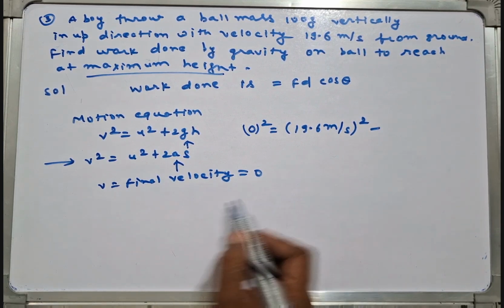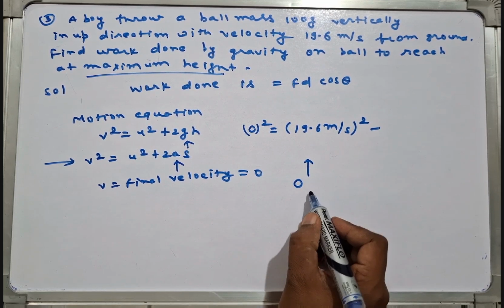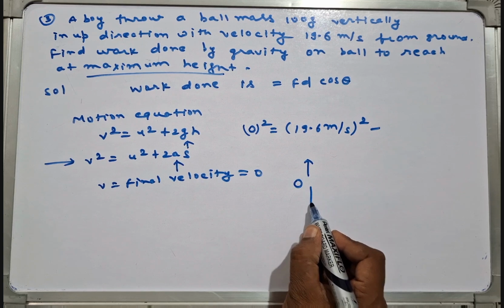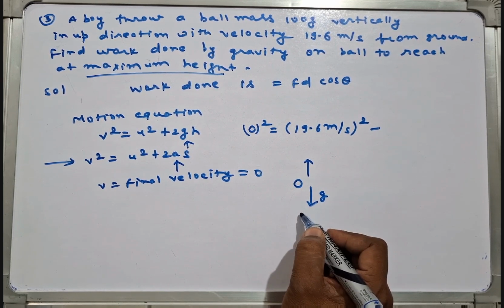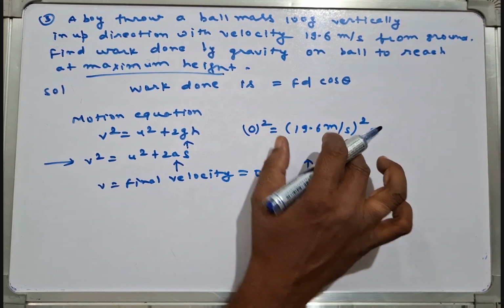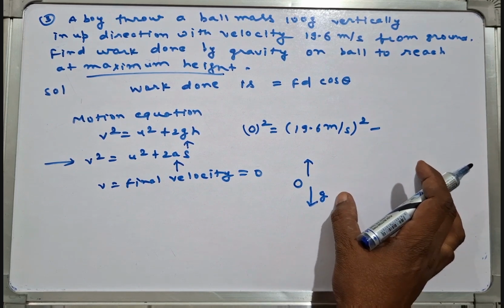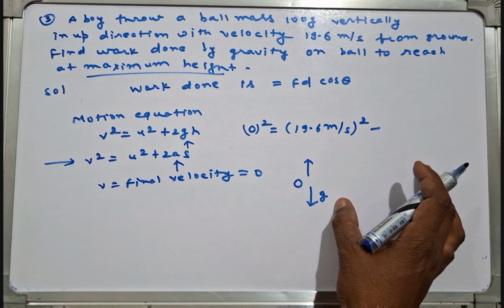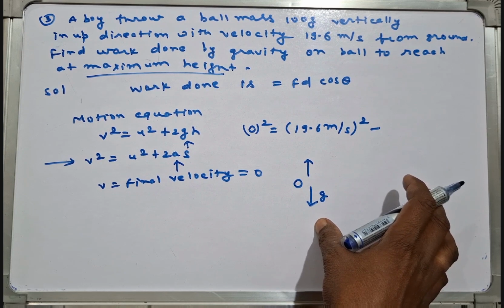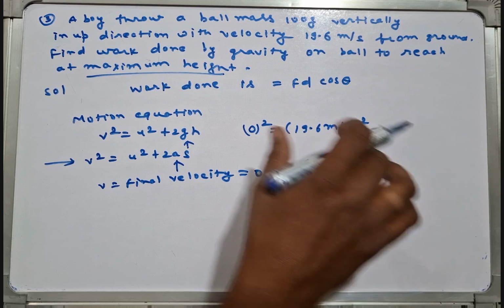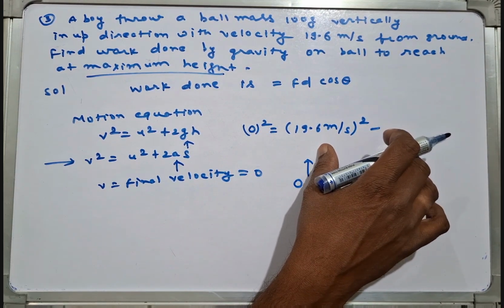Because the ball is going in the up direction, however the acceleration g is acting in the down direction. So if this direction is positive, then the g value, acceleration due to gravity, is negative, or you can also say it decelerates the ball.